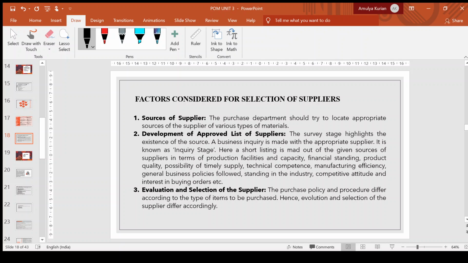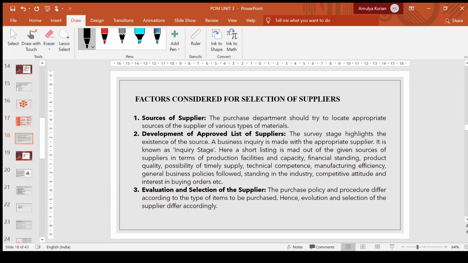The third factor which will influence the selection of suppliers is evaluation and selection of suppliers based on their purchasing policies. What offers they are willing to give, their payment terms, all those things will have an influence on the selection of suppliers. So these are the things which will be considered for selection of suppliers.